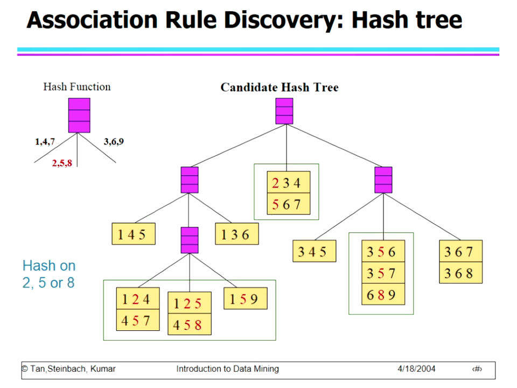It is clear? After that, if I hash on 2, 5, 8, the comparison will be 124, 457, 125, 458, 159, etc. Let's suppose that we have the hash tree; how can we reduce the number of comparisons using it?